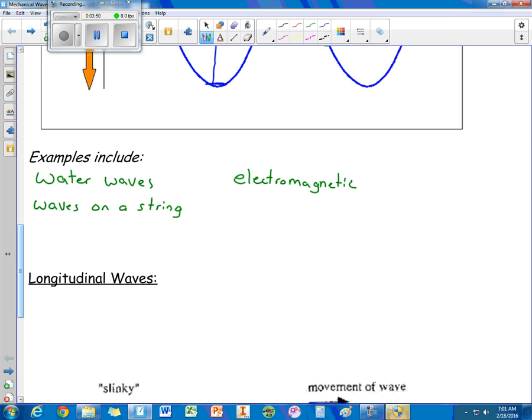Electromagnetic waves include things like radar, visible light, stuff like that. And certain types of earthquakes. We'll talk about the different types of earthquakes later, but there are certain types of earthquake waves that are transverse.